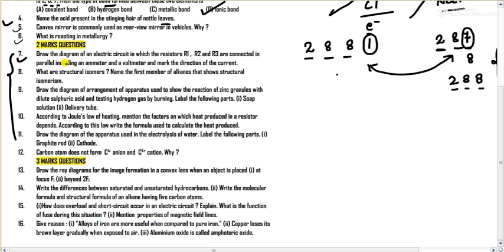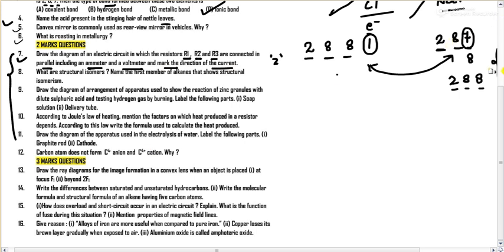The seventh one: draw the diagram of an electric circuit in which resistors R1, R2 and R3 are connected in parallel, including an ammeter and a voltmeter, and mark the direction of current. This is for 2 marks.